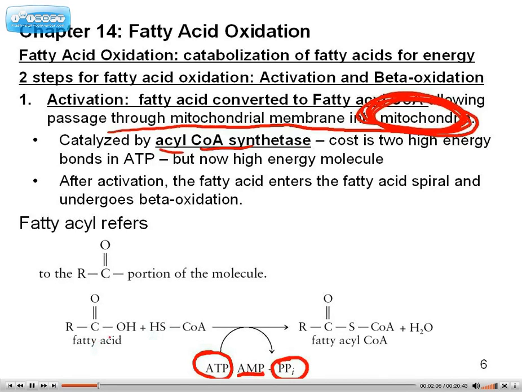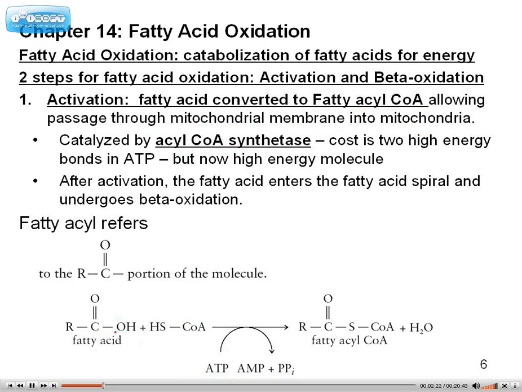But this energizes our fatty acid as well as allows us to connect it up to a transport enzyme, which we call our coenzyme A. In this instance right here, the sulfur is going to combine with the carbon, and then the alcohol and hydrogen are going to be released, and they form a brand new water molecule.